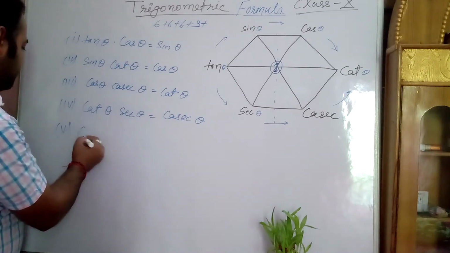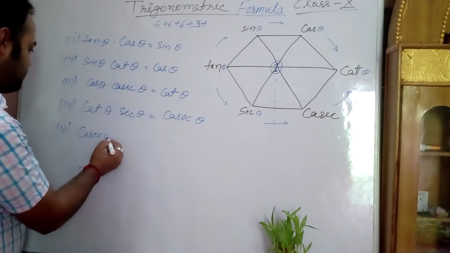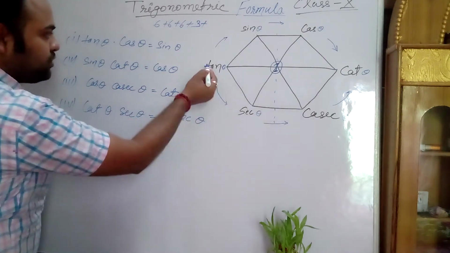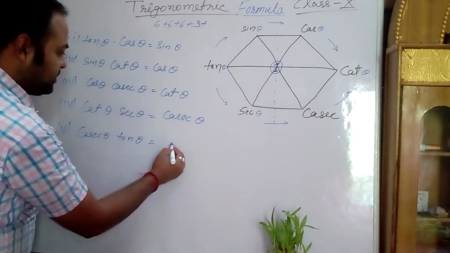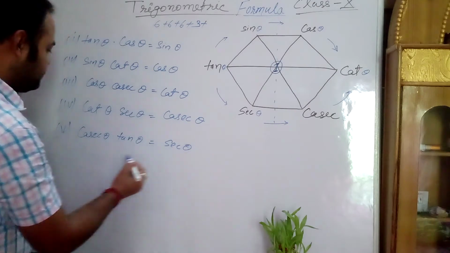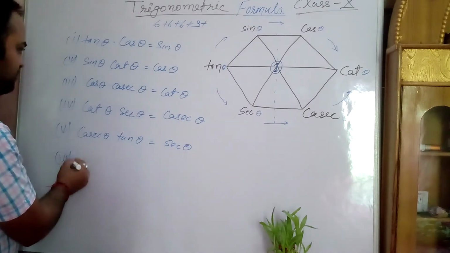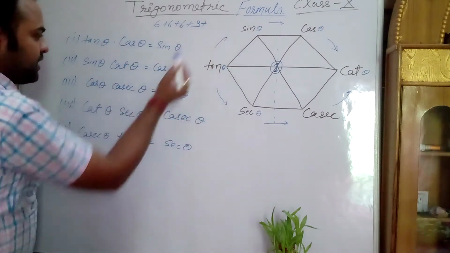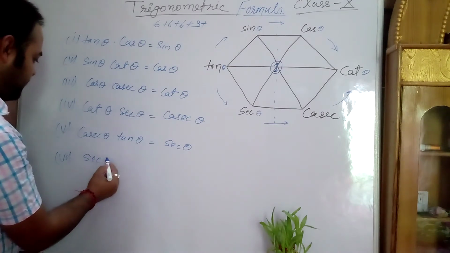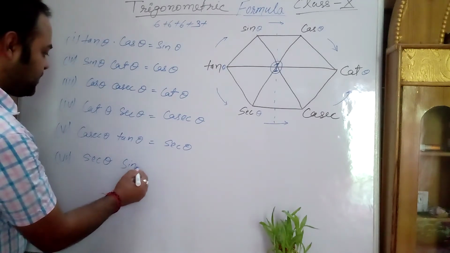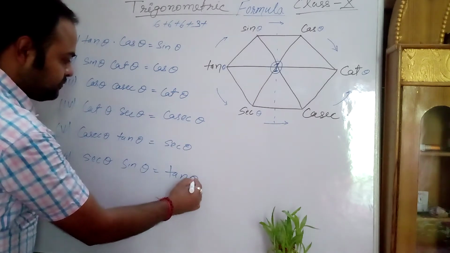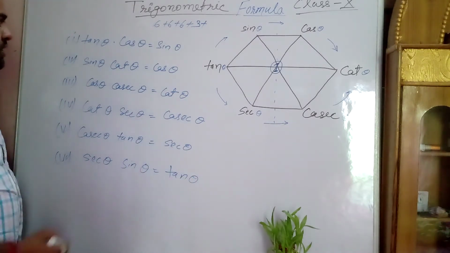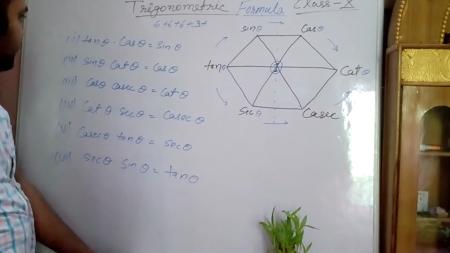Fifth, cosec theta into tan theta is equal to sec theta, which is the middle one. Again sixth, sec theta into sin theta is equal to tan theta. Now these are the 6 more formulas.